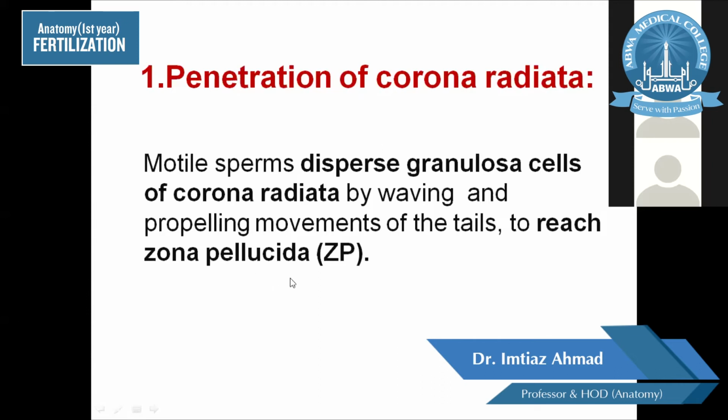It is simply a physical movement through the tail of the sperm, which by undulating or waving or propelling movements creates a space between the granulosa cells. So the motile sperms disperse the granulosa cells of the corona radiata by propelling and waving movements of the tails to reach the zona pellucida.